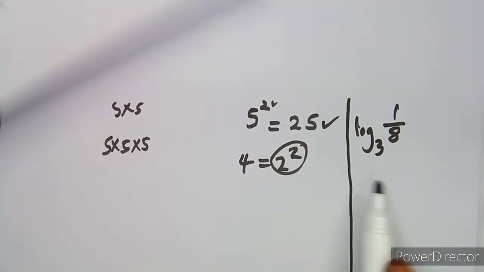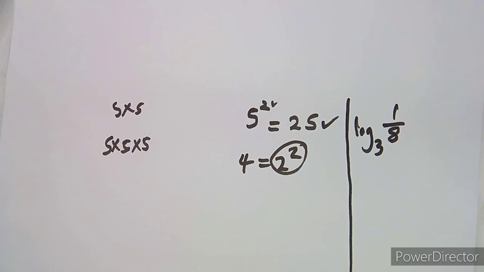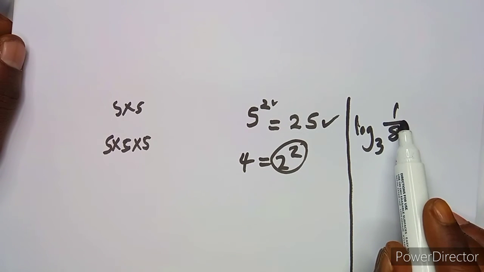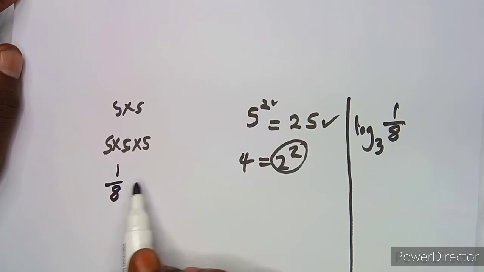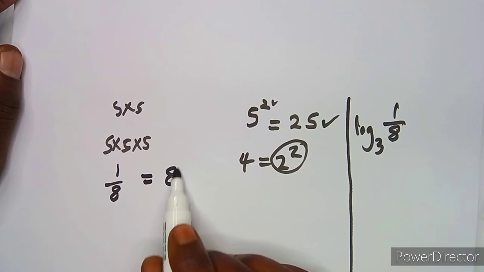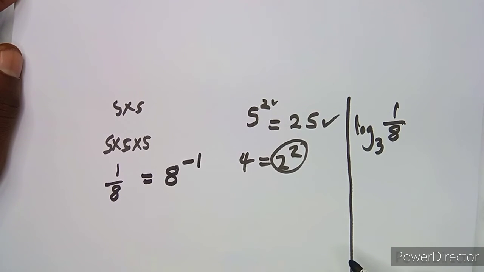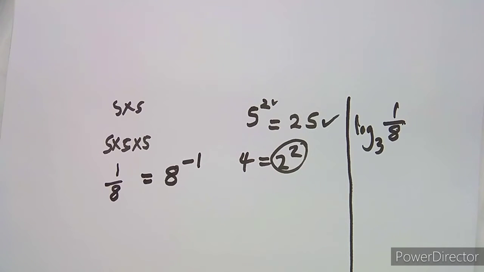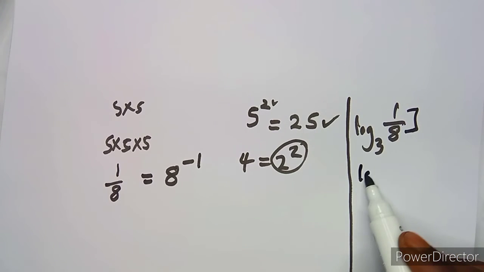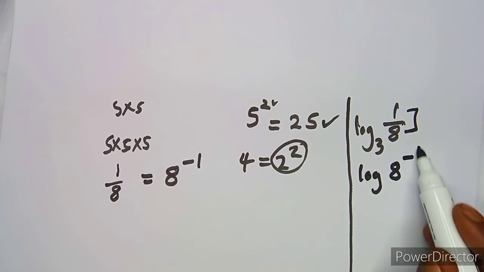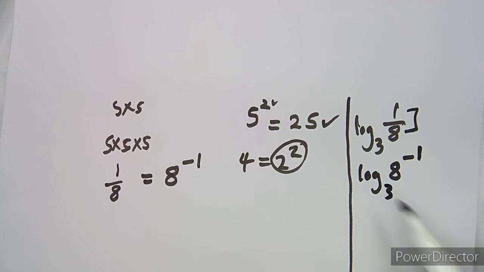From our laws of exponents, we know that what made us write 1 over was a negative exponent. If that is the case, it means this 1 over 8 is going to be written like log 8 to the exponent of minus 1 in base 3.